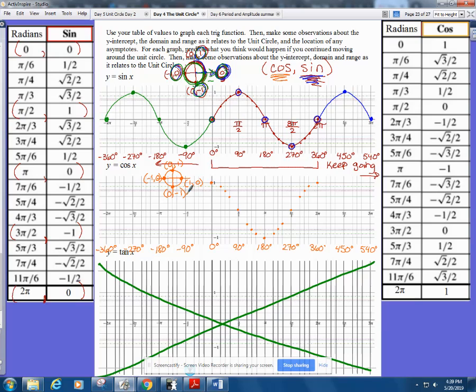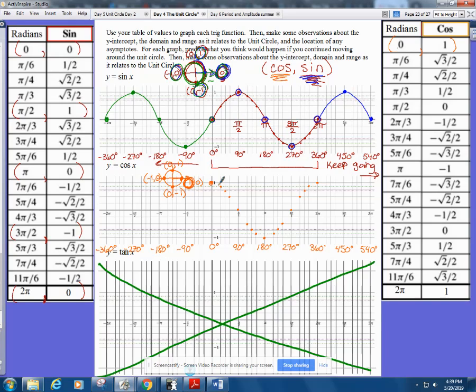So if I plot the points that represent cosine, those are my x values. Starting at my initial side, which is always your positive x-axis, the cosine value was 1. And that's this point right here. At 0 radians, the cosine is 1.